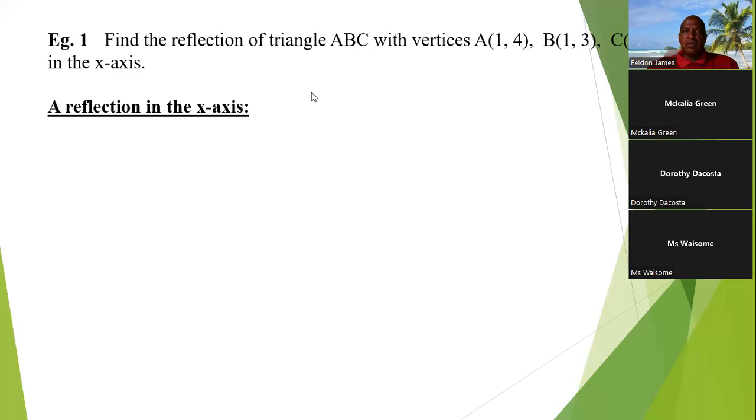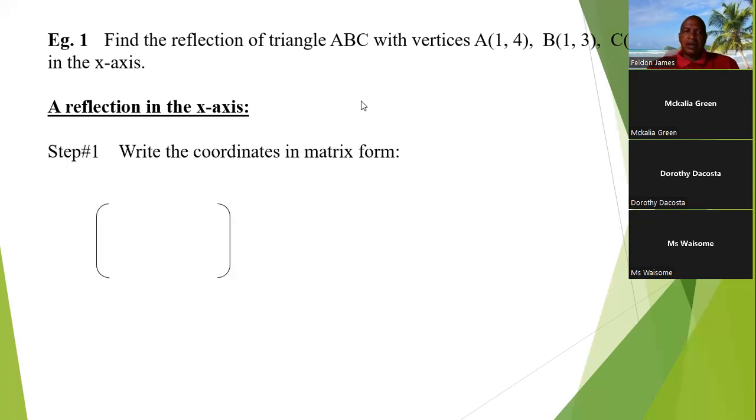Now if you want to find your image A dash, B dash, and C dash, then A, B, and C here would be your pre-image. To make your life easier, you're going to write these in column form.